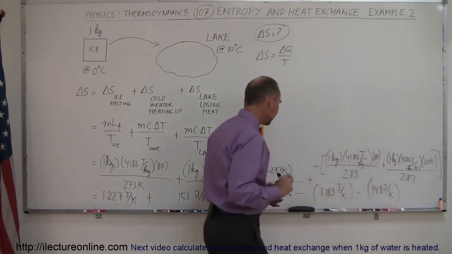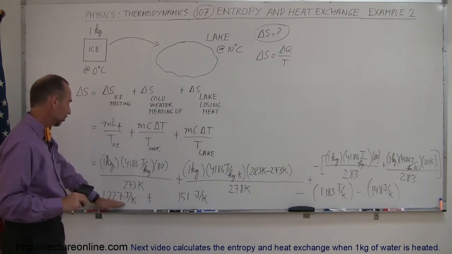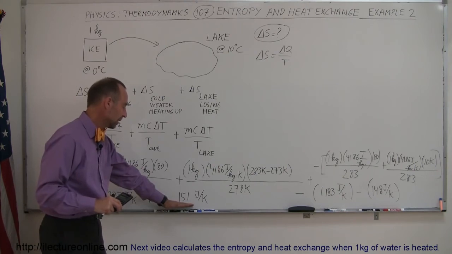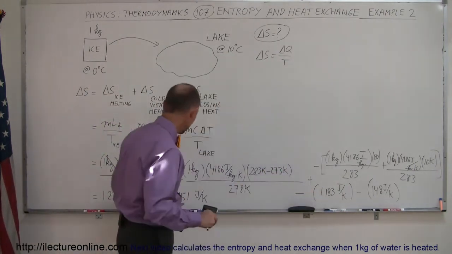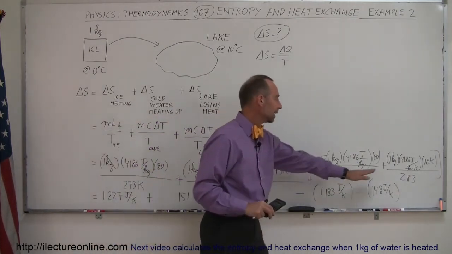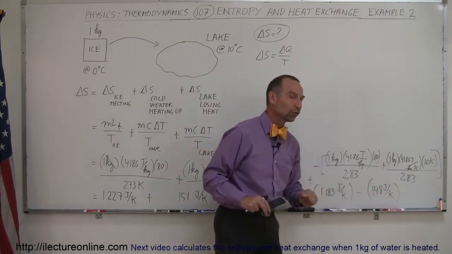There we go. So now you can see that heat added to the ice changes entropy by this much. Cold water being heated from 0 to 10 degrees centigrade changes entropy this much. The lake giving that heat away so the ice can be melted will reduce the entropy by this much, and the lake giving heat away so that the water can heat up is this much joules per Kelvin.